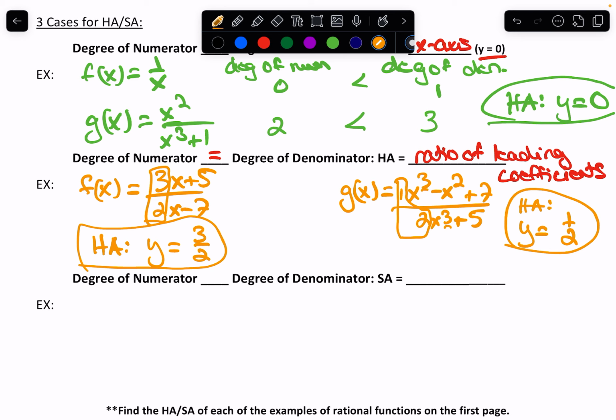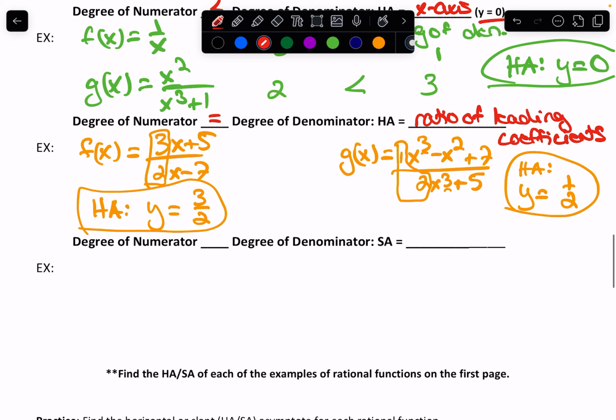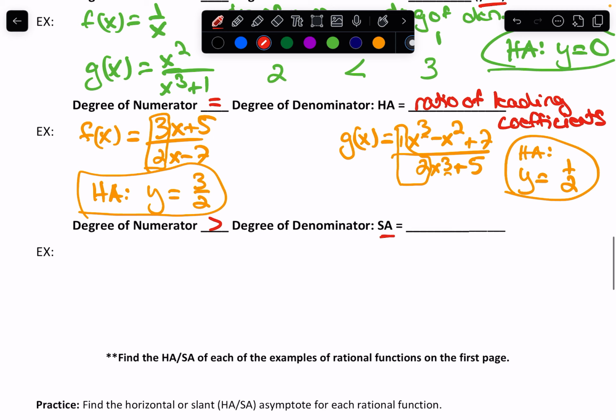Okay, then we have our third case, where the degree of the numerator is greater than the degree of the denominator. That gives us a slant asymptote. All we are going to do is say that it is a slant asymptote.